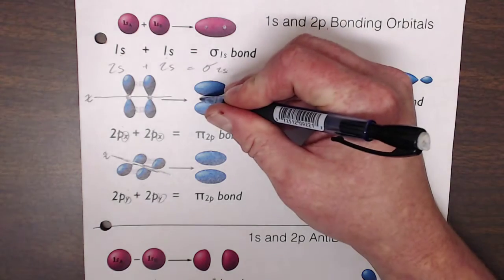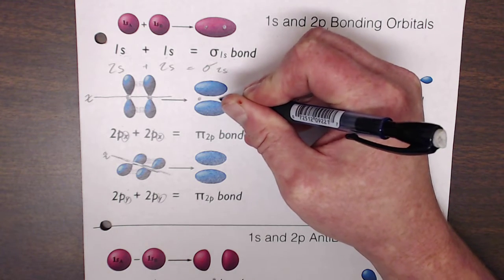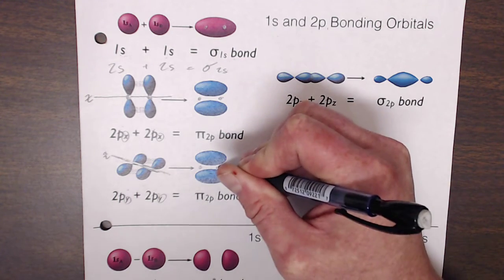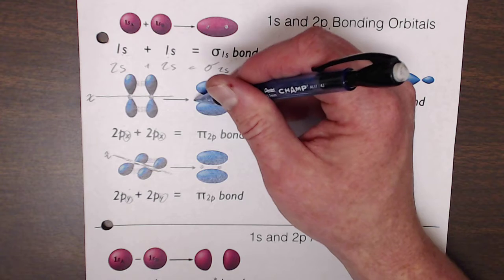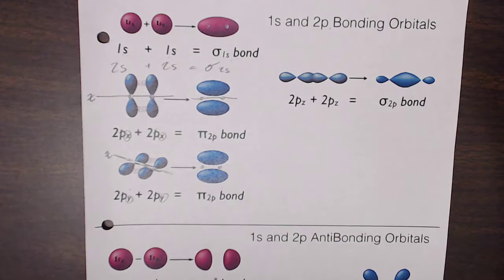And so in this pi bond, my two nuclei would be right here or right here. And so these pi bonds describe the double bond, right? That's off axis from the nuclear axis, okay?